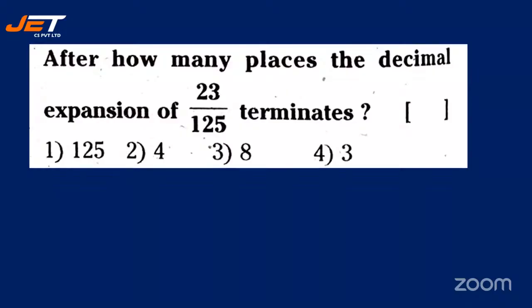In the last class, we completed till the earlier sum, right? So now we are continuing with this. After how many places the decimal expansion of 23 by 125 terminates? I remember we were doing the terminating and non-terminating decimals, isn't it? So quickly recollect that.